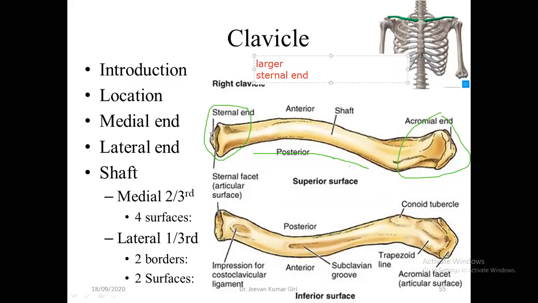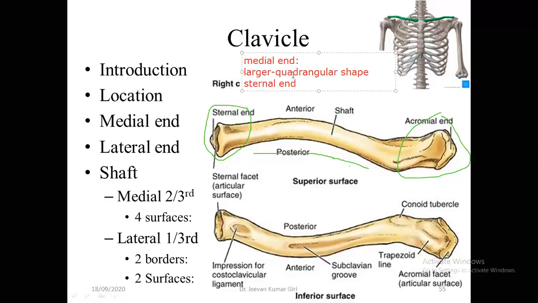I'll tell you why it is called the sternal end. The medial end is larger than the lateral end, and it is quadrangular in shape. So the next name is the sternal end.